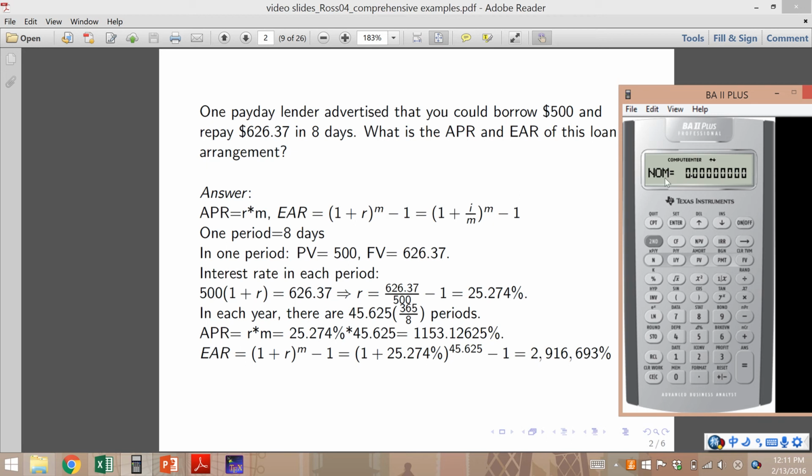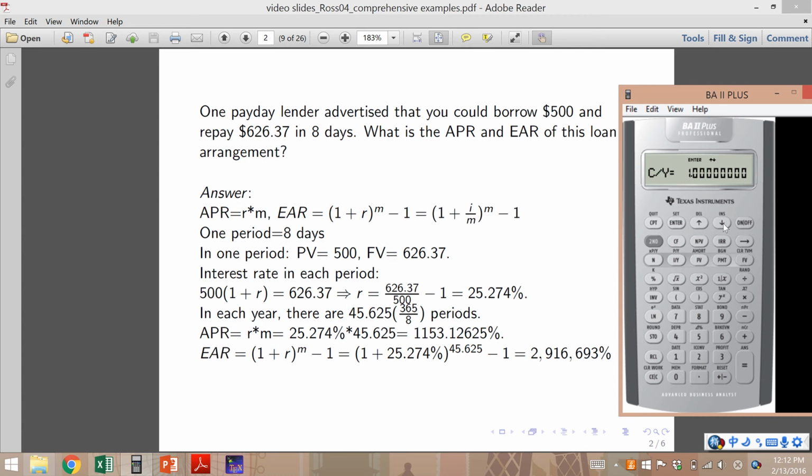The first parameter is NOM, which stands for nominal, which is the other name for APR. So the nominal is APR. If you go down, you can see EFF, that's the effective annual rate. And if you go further down, C over Y is the compounding frequency per year, which is our M.